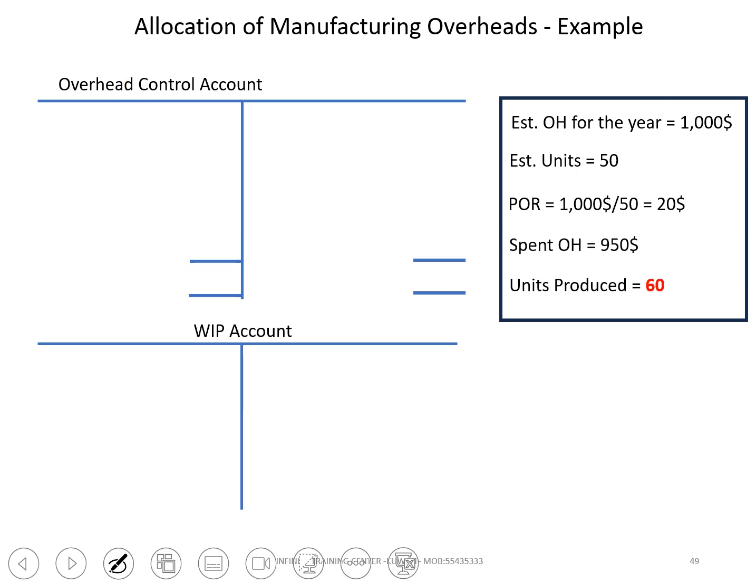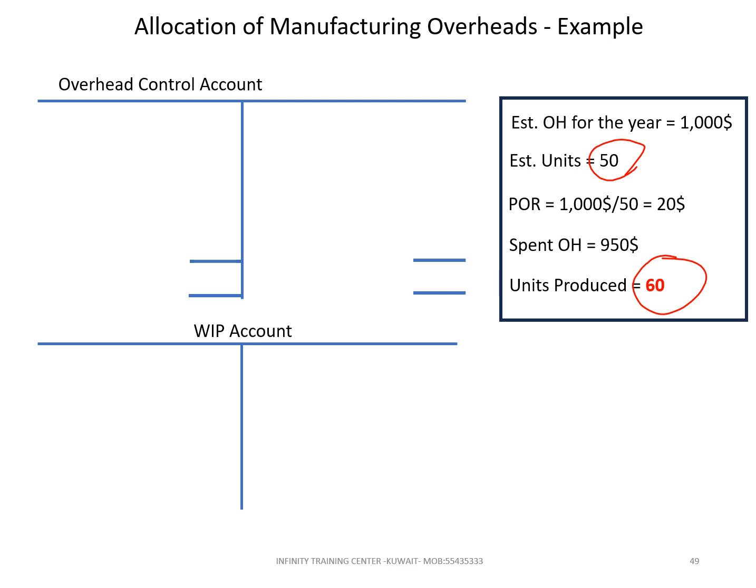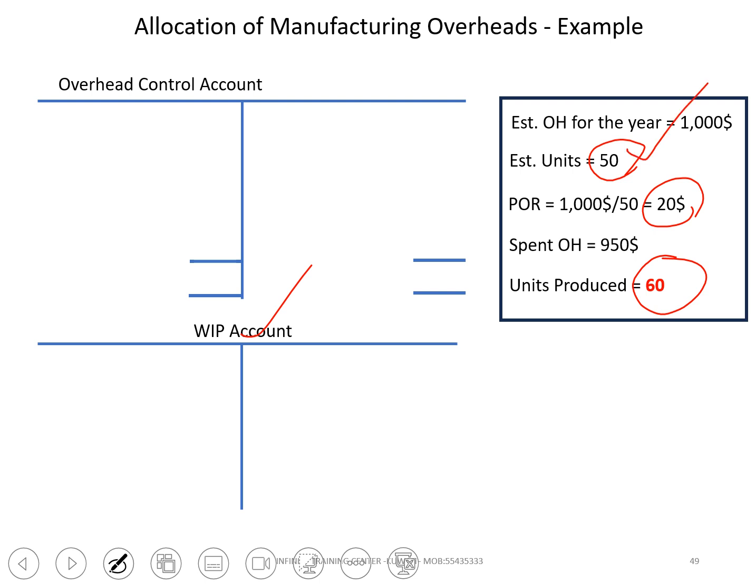Now again, another hypothetical situation. Your estimation was 50, right? But I produced 60. So what does that mean? Whenever I produce one unit, I will send $20 to my work in progress. So I produced 60 units, whereas my estimation was only 50 units. Again, we will see this example.